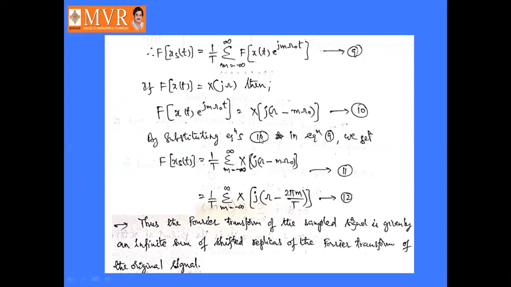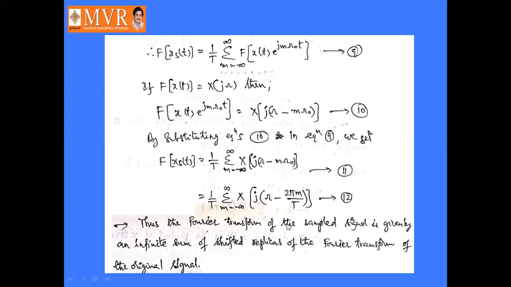By substituting equation 10 in equation number 9, we get the Fourier transform of xs of t equal to 1 by T into sigma m is minus infinity to infinity X of j omega minus m omega naught. So it is equal to 1 by T into sigma m is minus infinity to infinity X of j omega minus m into 2 pi by T. That is equation number 12.